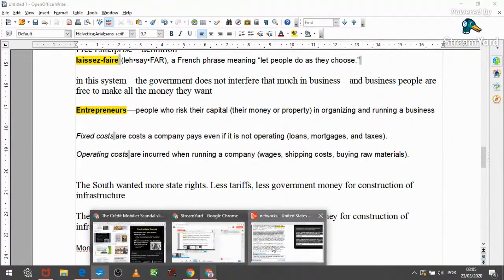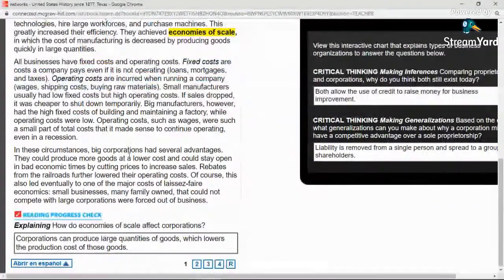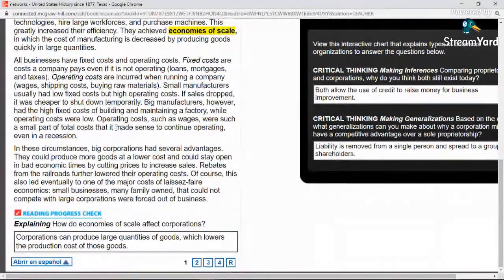Let's get back. I'm sorry. So small companies usually have low fixed costs, okay, but high operating costs. So, for example, it's cheaper for me to rent a building or an office and operate from there. It's cheaper, but sometimes it's more expensive for me to make what I have to make. Why?